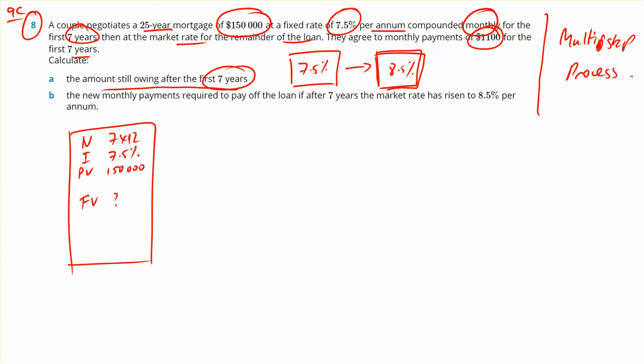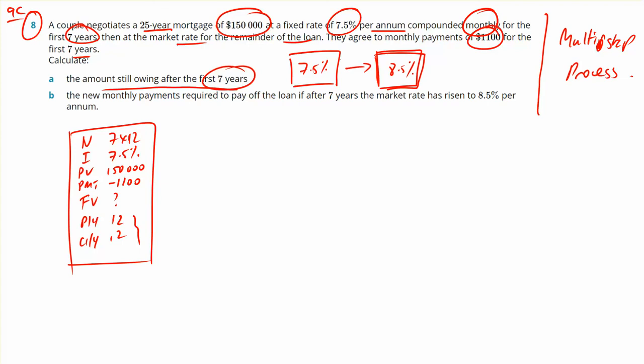It's positive because it's a mortgage, so money's coming to me from the bank. My payment is fixed at 11,000, and the sign is negative because I'm paying the bank 11,000 each month. Final value we don't know. PY and CY are both 12 because the mortgage is compounding monthly, so there are 12 months in a year. That's usually always the same.